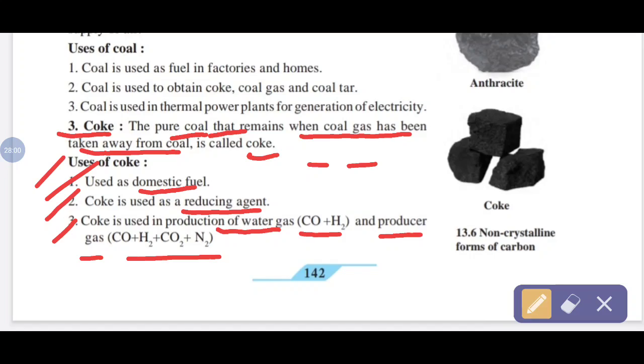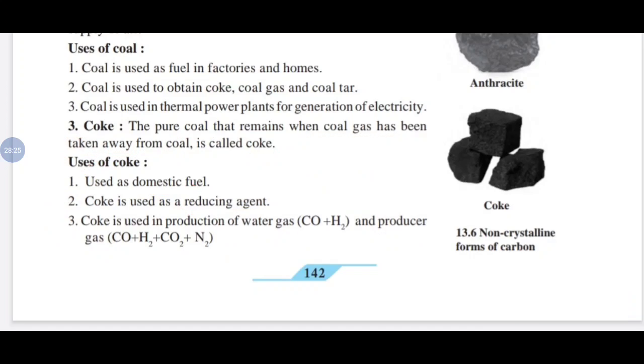So 3 examples are given here. There is no regular arrangement of atoms in the structure of these non-crystalline forms of allotropes. The 3 examples are coal, charcoal and coke. Their properties, types and uses are given here. Clear? So today we learned about these points.